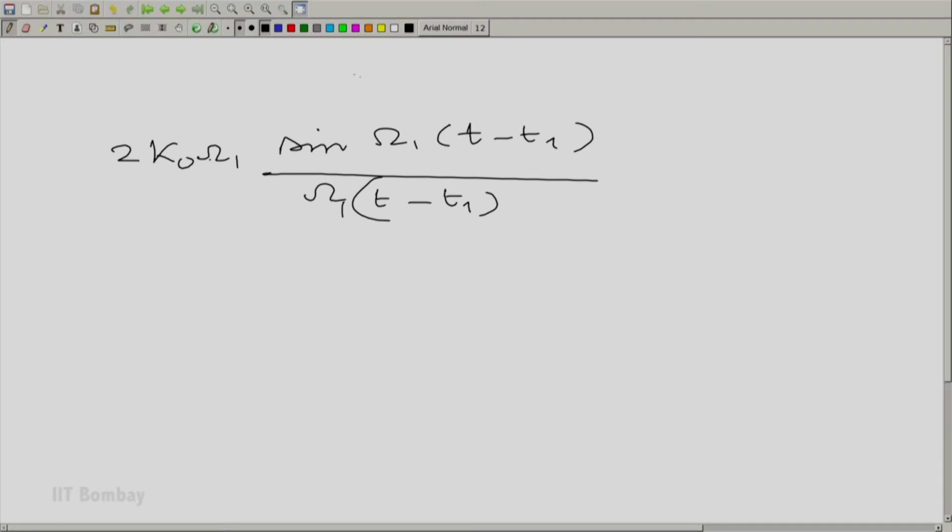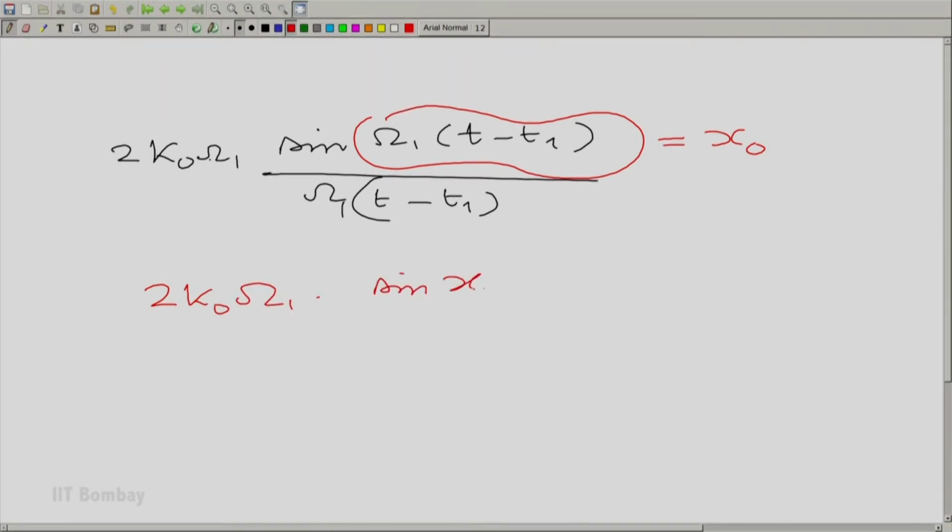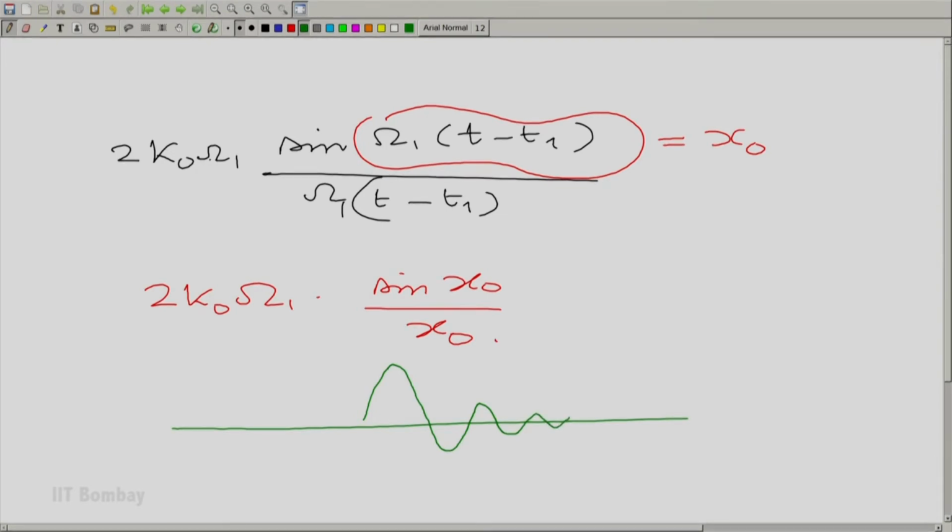So, this is x0 really, what you have here as the argument is x0. So, this is of the form 2 kappa 0 omega 1, which is a constant as you know, times sin x0 by x0. We can sketch this, that is not difficult to do. That would have an appearance like this from what we derived in the previous session. The only change is the height would now be 2 kappa 0 omega 1 instead of 1.